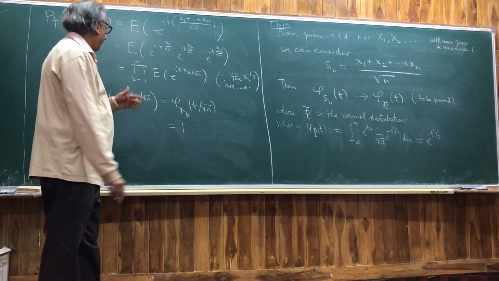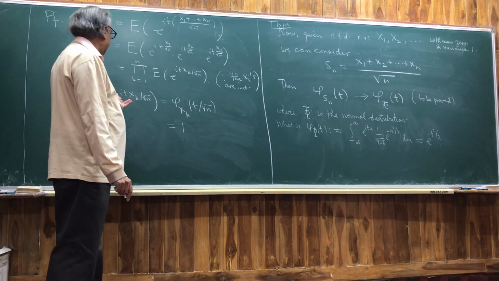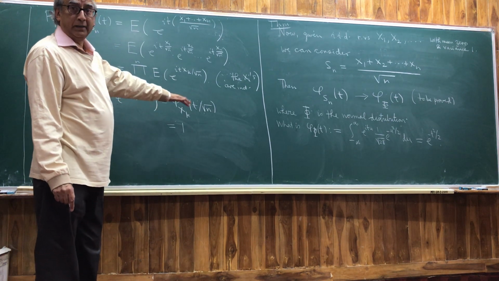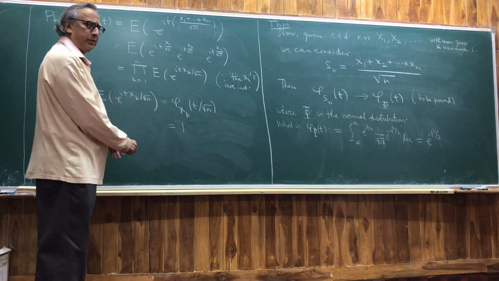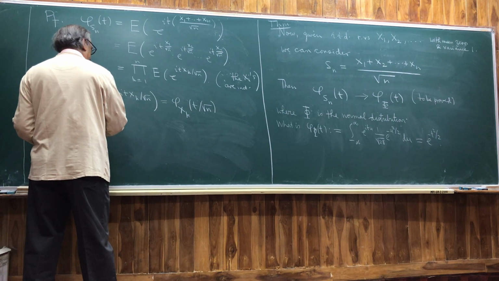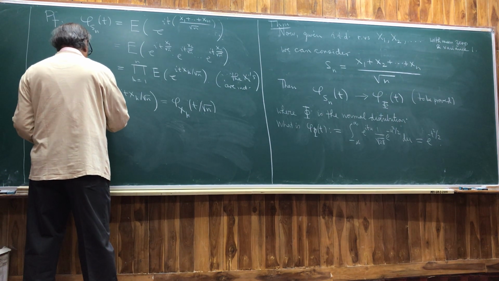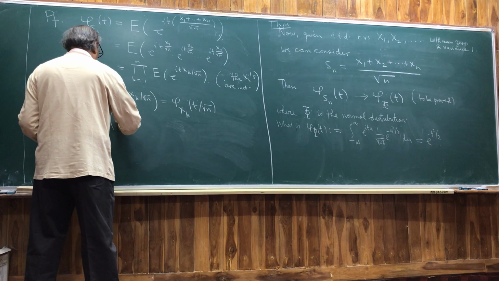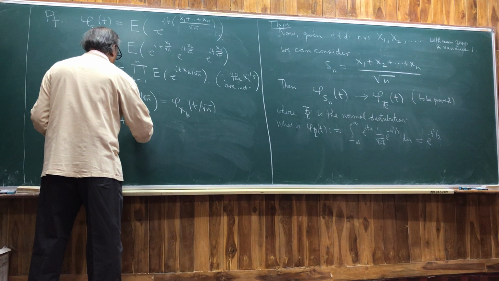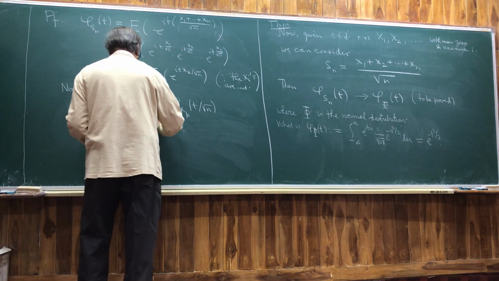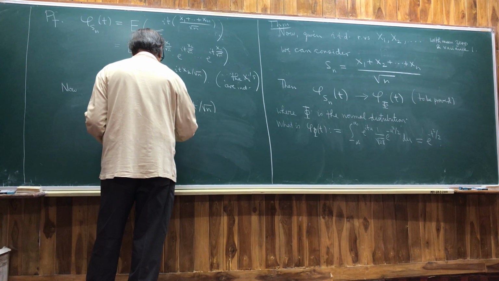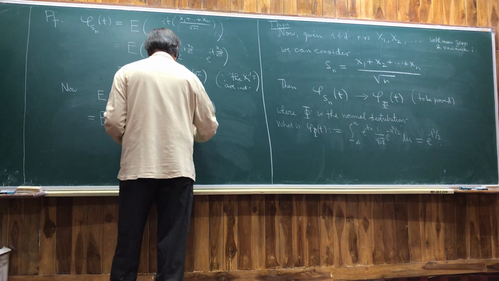The next term, you could have taken the power series of this thing, will be the mean value. But the mean value is 0. So this is equal to the expectation of 1 plus i t xk over root n plus (i t xk) squared over 2n plus dot dot dot.